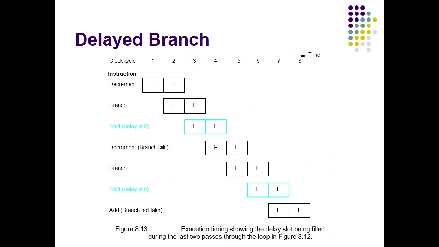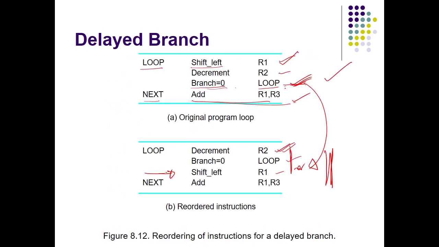Now again consider that an instruction has 2 phases, it is easy to understand. So first, I am executing this part: you shift, then decrement, branch, and then there will be a problem, as you know the pipeline will have a problem. Now I am executing the second part: first decrement, then branch, then shift and add.